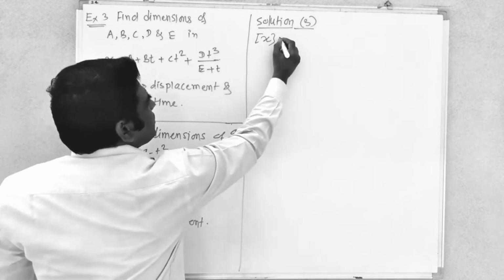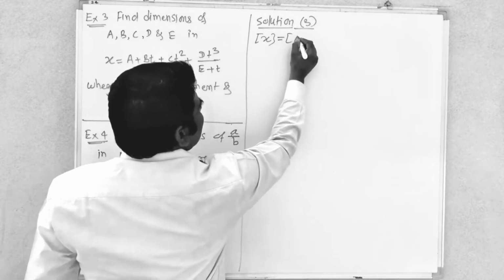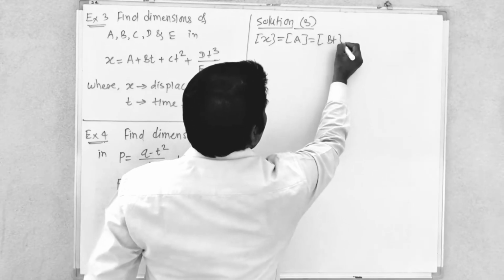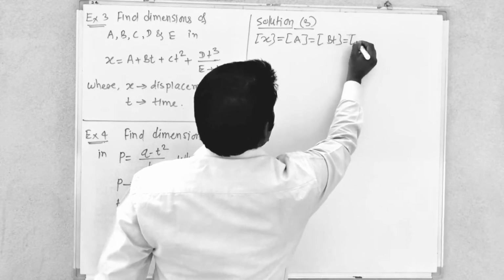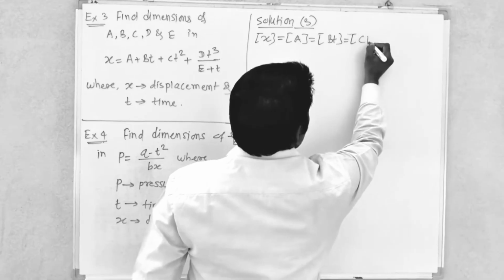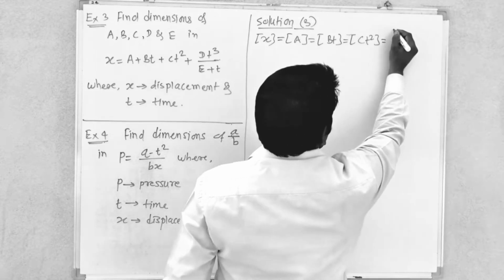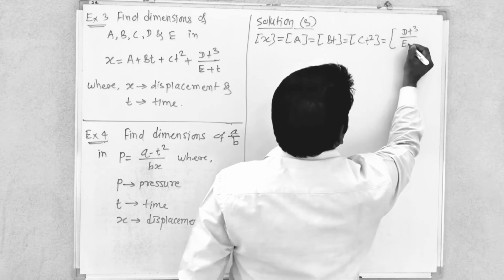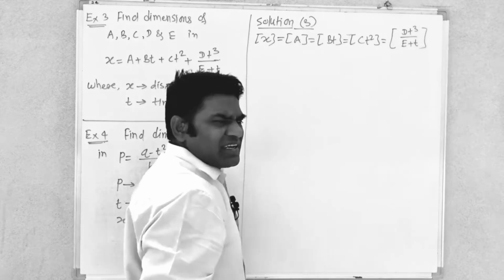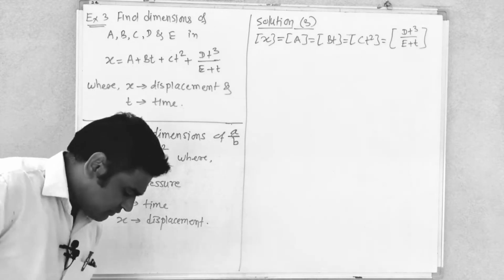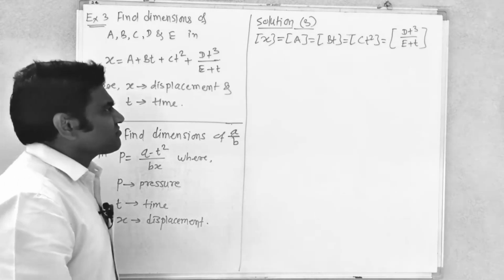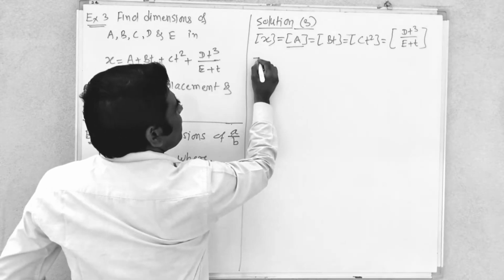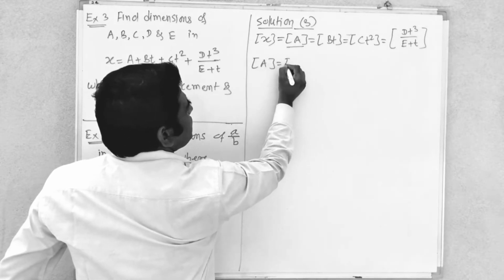Dimension of x is equal to dimension of A, is equal to dimension of this term BT, is equal to dimension of CT square, and this is equal to dimension of this complete term DT cube divided by E plus T. Clear? Now let us equate one by one. So dimension of A is equal to dimension of x.